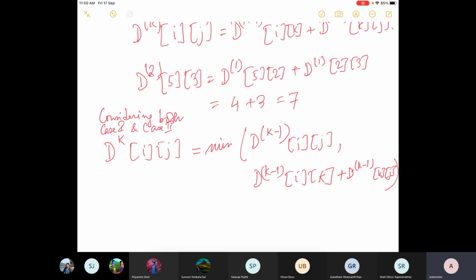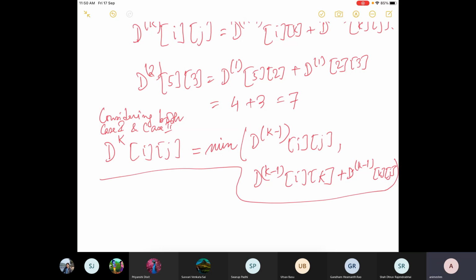Now, once we have written this recursive formulation, is there any difficulty to write the pseudocode? We are done, right? This is the most interesting and intriguing part of any dynamic programming algorithm. The hardest part is to establish this optimal substructure, and from there the recursion.